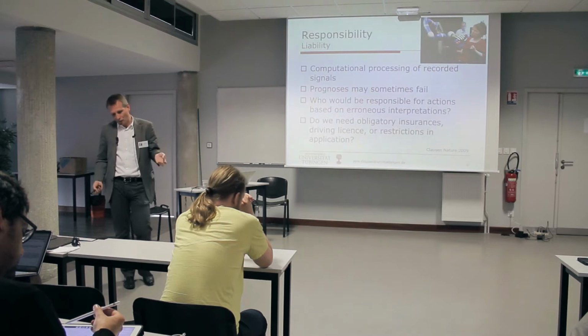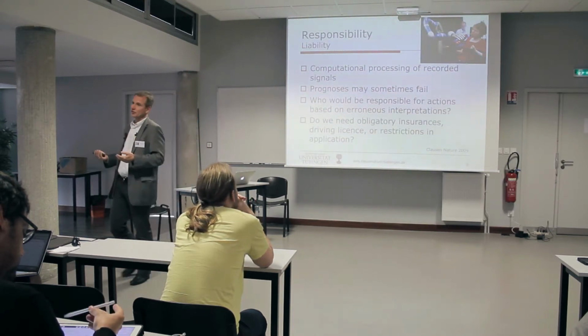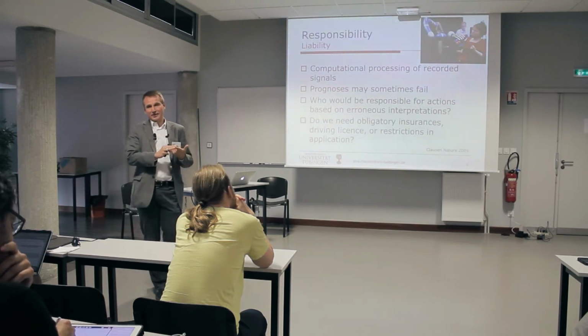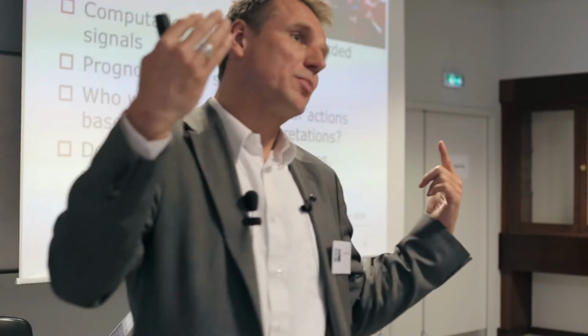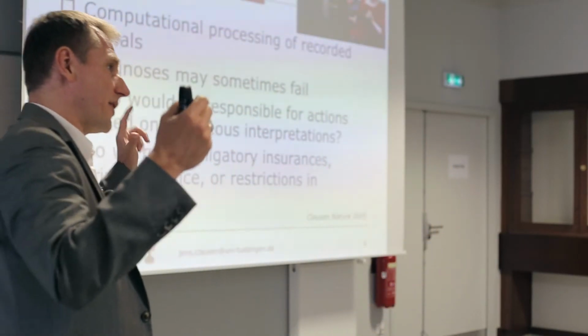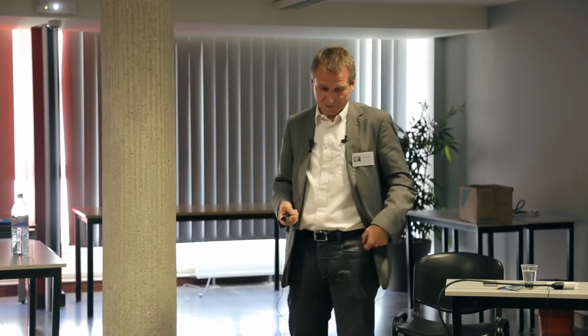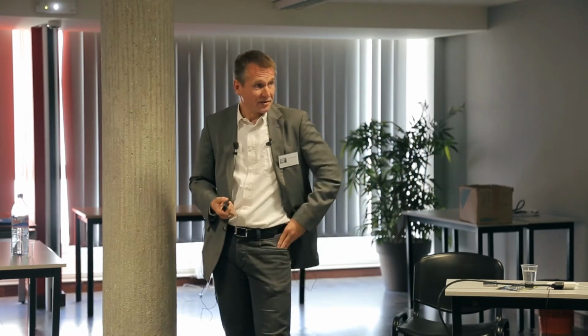When we want to drive a car on public streets, we have an obligatory insurance. People need to get driving licenses or something like that, and maybe this could be a social approach to these ethical questions around the use of brain-machine interfaces in the case of quadriplegic patients.